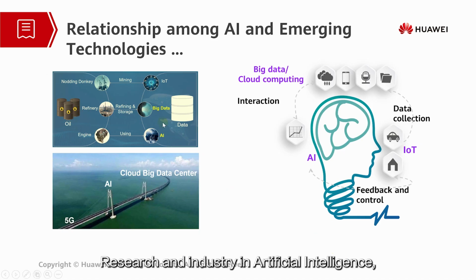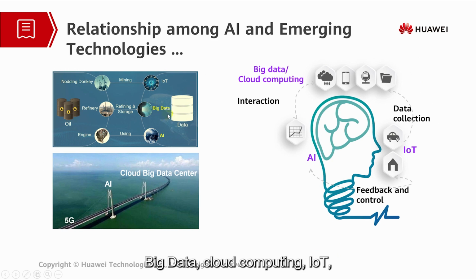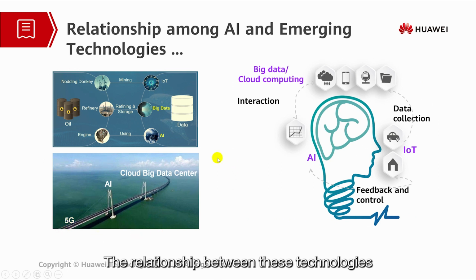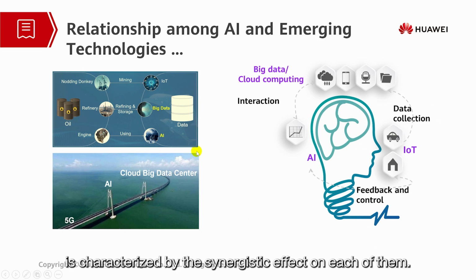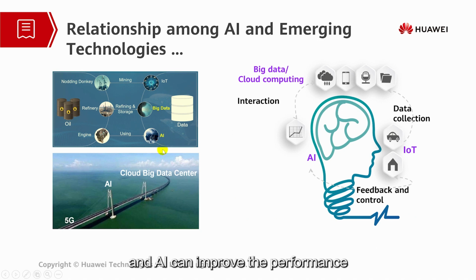Research and industry in artificial intelligence, big data, cloud computing, IoT, and 5G are advancing steadily. The relationship between these technologies is characterized by the synergistic effect on each of them. For example, big data and AI can improve the performance and efficiency of cloud computing and 5G, which in turn supports the implementation of AI.